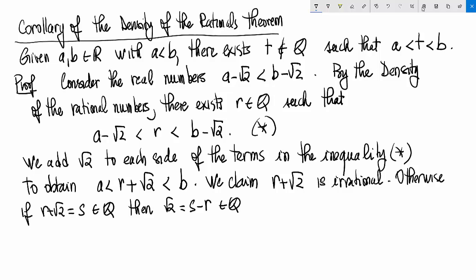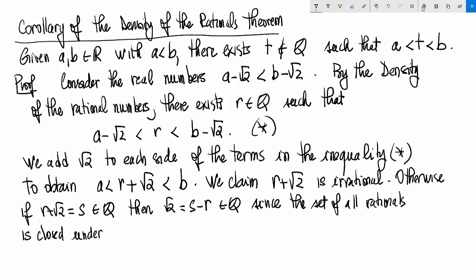will have to be rational since the set of all rationals is closed under addition. In other words, if you add or subtract two rational numbers, you should get another rational number, right? So if you assume that S is rational, and because R is rational, then S minus R will be a rational number, but S minus R is equal to square root of 2, a contradiction.